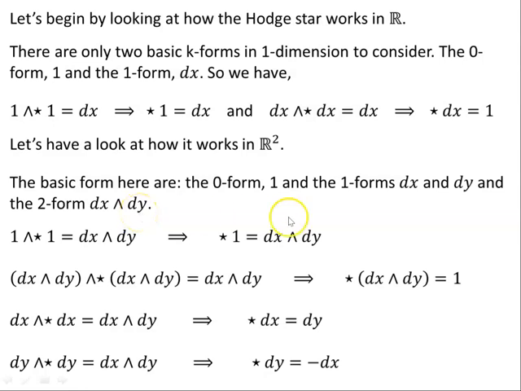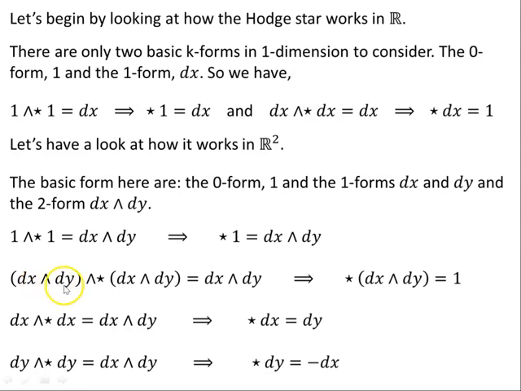They're all your basic forms in R2, or two-dimensional Euclidean space. Let's go through the same process we did above. There'll just be a couple more calculations involved. 1 wedge Hodge star of 1 is equal to dx wedge dy, which implies that the Hodge star of 1, the zero form, is dx wedge dy.